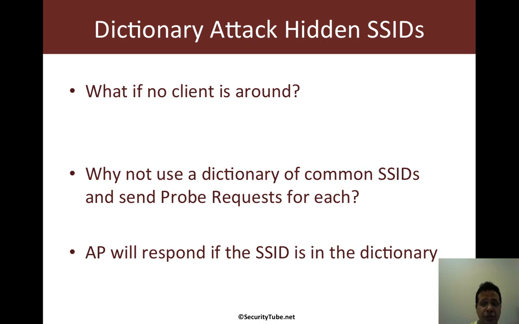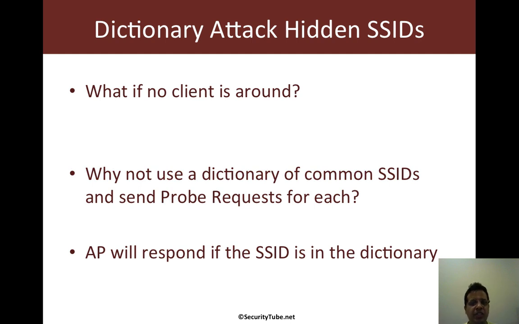Now, of course, there is no absolute 100% works always solution, but what one could at least try is take a list of commonly found SSIDs and send probe requests for each of those. And if the access point has one of the SSIDs in that list, then it would respond back and we would uncover it. Fantastic. So how would this work?